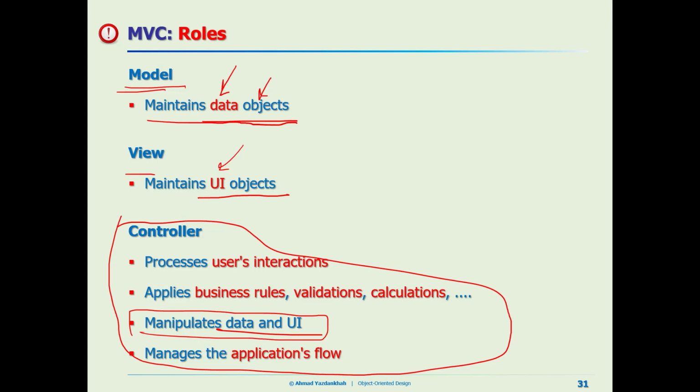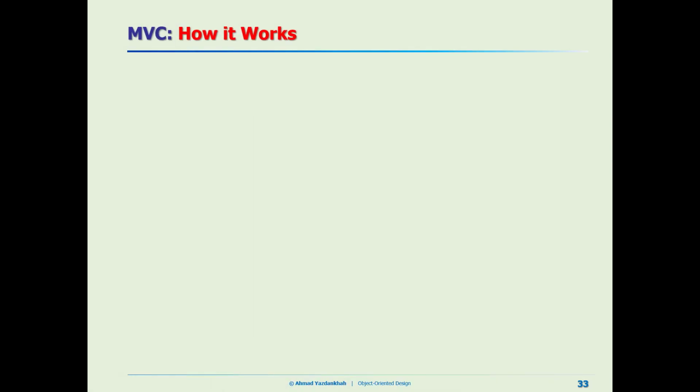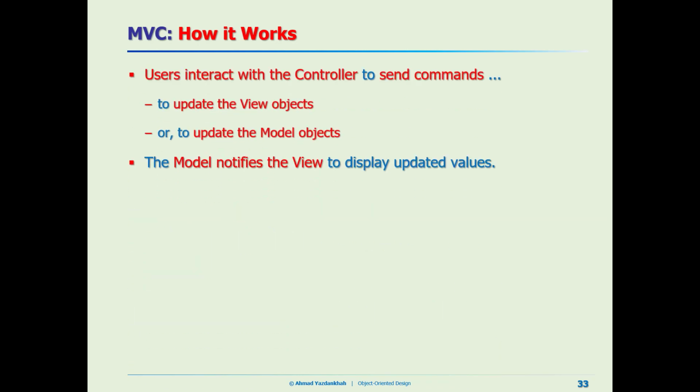All right. So now let's see how it works. So the user interacts with the controller. That's a very important part. Users interact with the controller, and the user sends the commands. What does it mean, the commands?